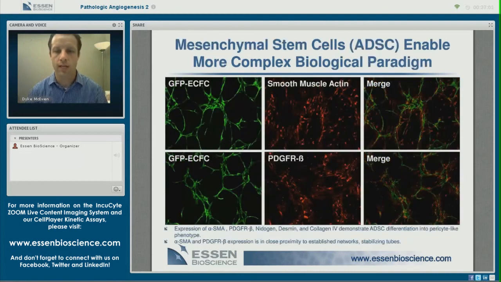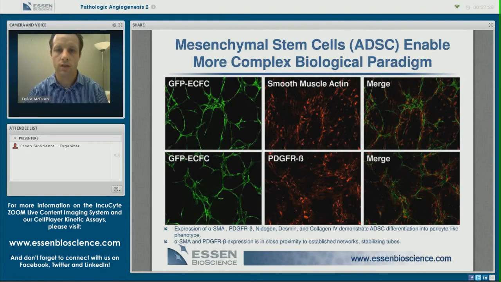I mentioned that the ADSCs differentiate into a pericyte-like phenotype, and I'm showing you more data here to speak to that, looking at two different pericyte markers, smooth muscle actin on the top and PDGFR beta on the bottom. Looking at smooth muscle actin first, you see a nice overlay where the smooth muscle actin expression is in close proximity to the angiogenic network of the ECFCs.